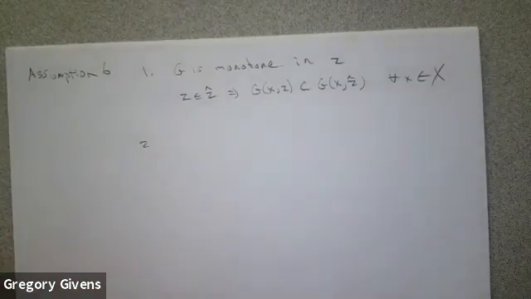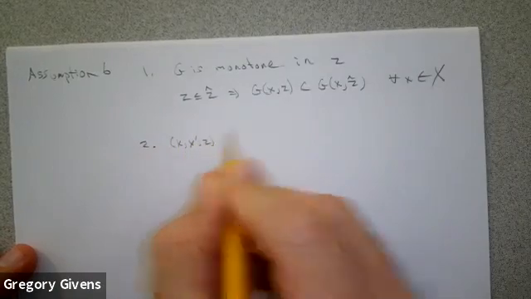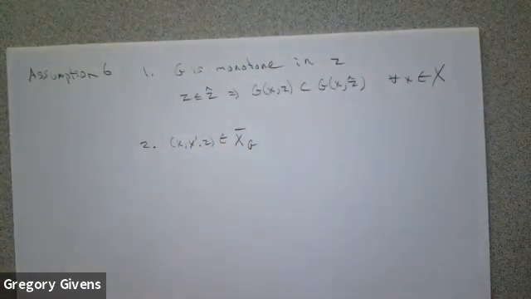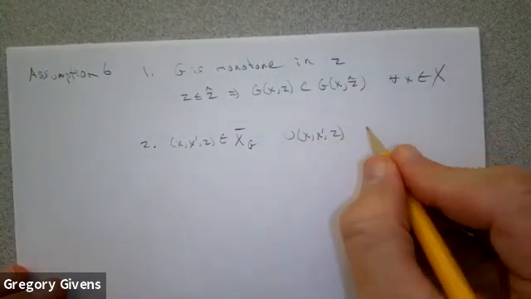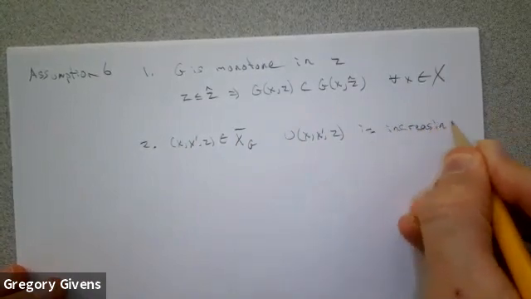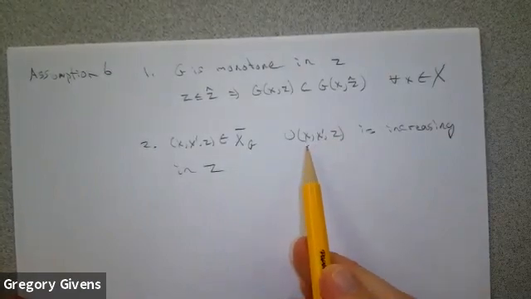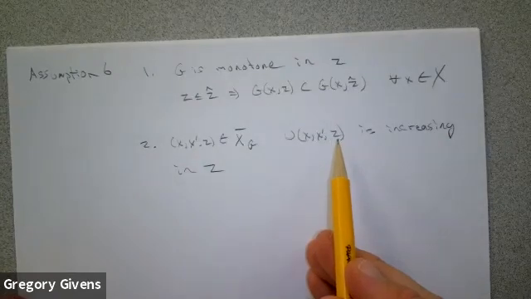Part 2. For any X prime, Z in X bar of G, so that is any feasible triple, U of X prime, Z is increasing in Z. So not only is the payoff function increasing in the state variable X, it also needs to be increasing in the shock Z itself.